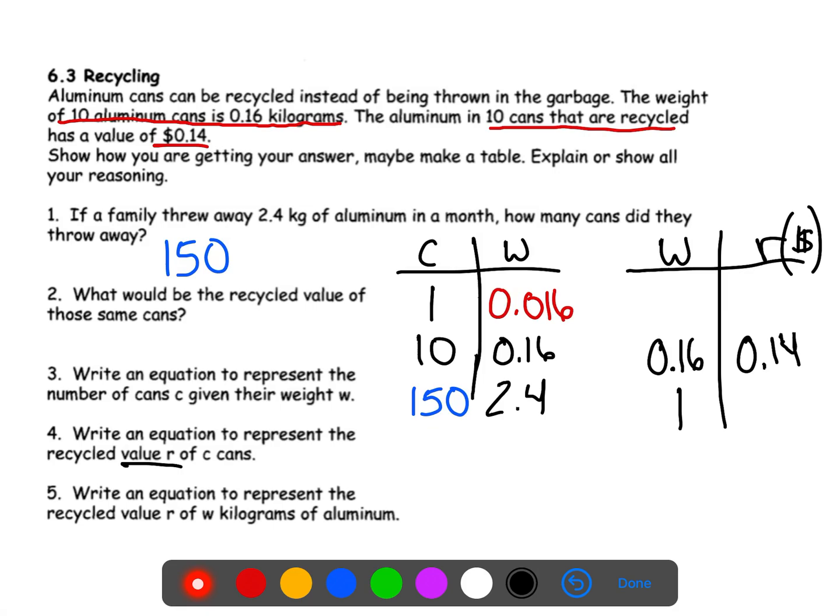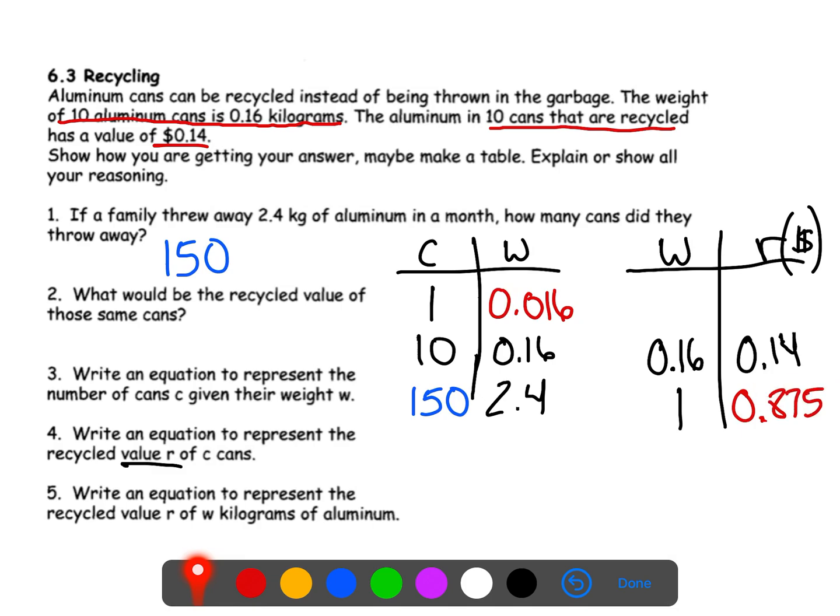So dividing that will give me, and I'm going to write it in red because that's my constant of proportionality, that 1 kilogram of cans has a value of about 88 cents.